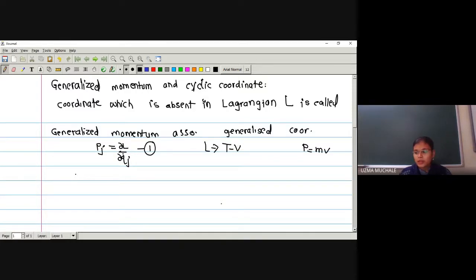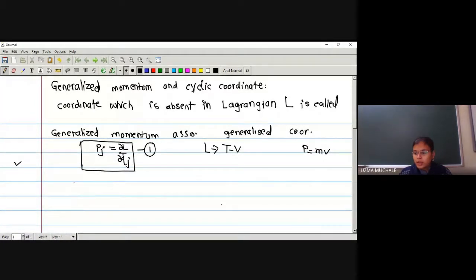The proof of this relation is not in your syllabus, but this relation is very important. We are going to use it in the first chapter as well as in the third chapter. So, remember this relation.